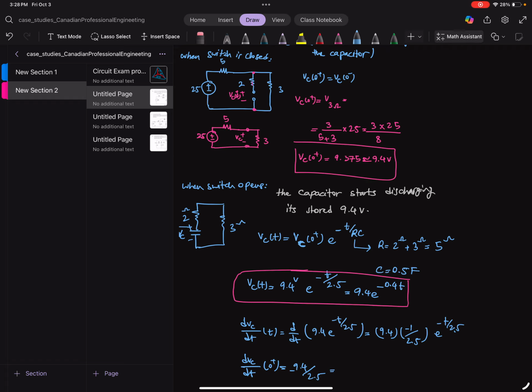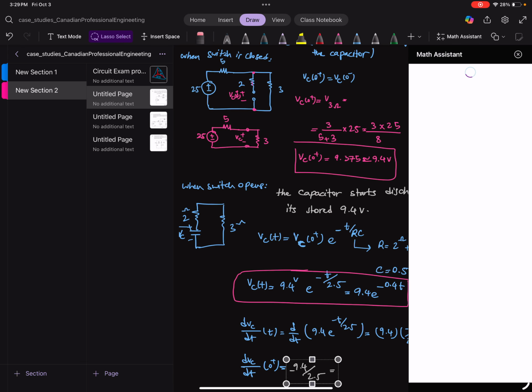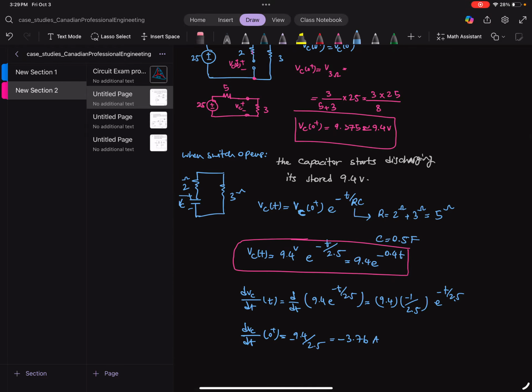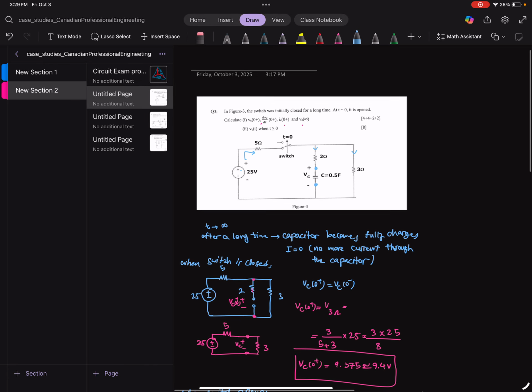And let's see if this gets solved. Minus 3.76. Okay, minus 3.76, in amps. It's kind of in amps, but let's not write it. Then it asks for IC at 0 plus, which is the second part.